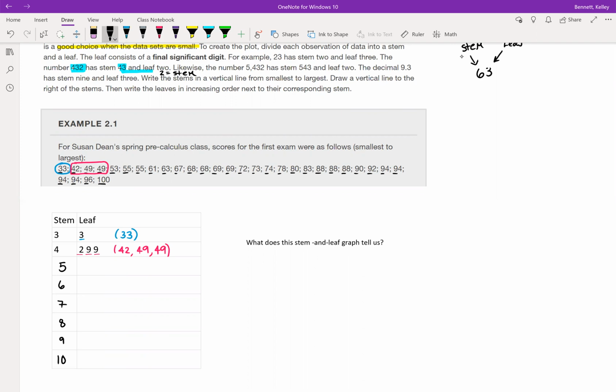All right, so for the 50s, we've got another set of 3: 53, 55, and 55. For the 53, I'm going to just put a 3. For the first 55, I'm going to put a 5. And for the second 55, I'll also put another 5. All right, and now on to the 60s.